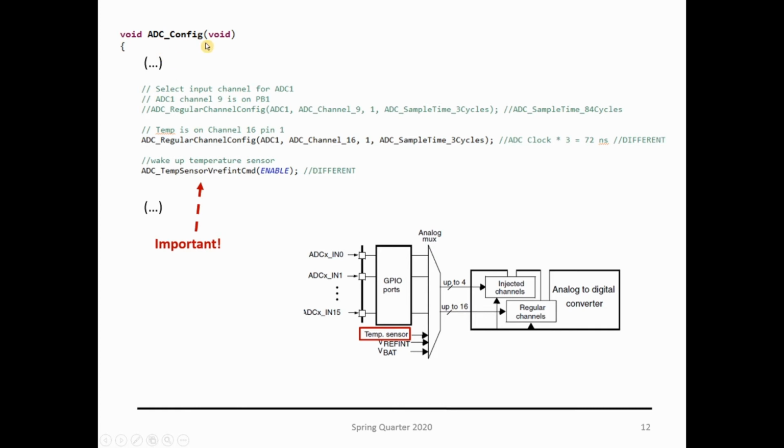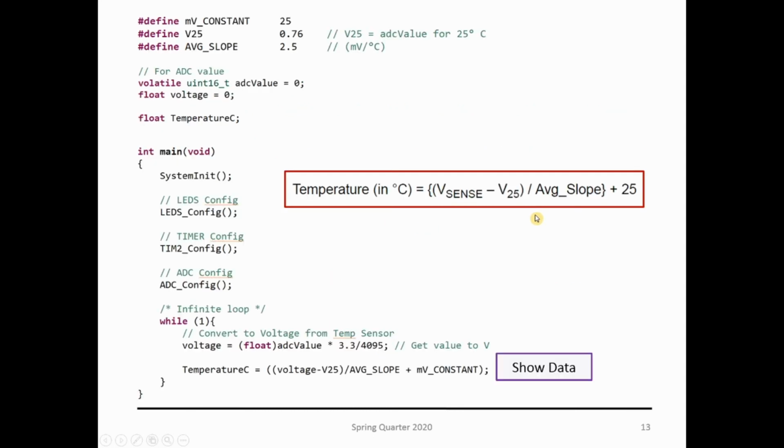Inside of your ADC config, the difference is that instead of doing things on channel 9, we're going to route the thing for channel 16. And very important, wake up the temperature sensor. Do not forget this, because if you don't have this function, nothing will work. The temperature sensor is connected to that channel 16. And then at last, how are you going to show the data?